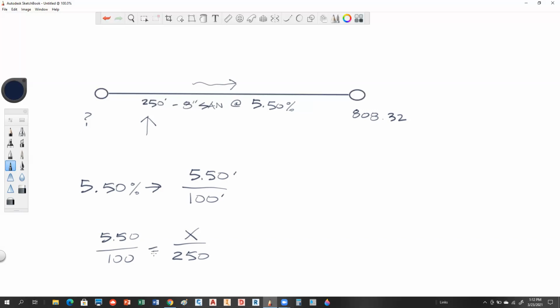What do you get? 13.75. Okay, so that's your rise. So what's the invert of this point now? We're going to add that number to what? 808.32. All right, so we're going to have 808.32 plus that. What do you get?